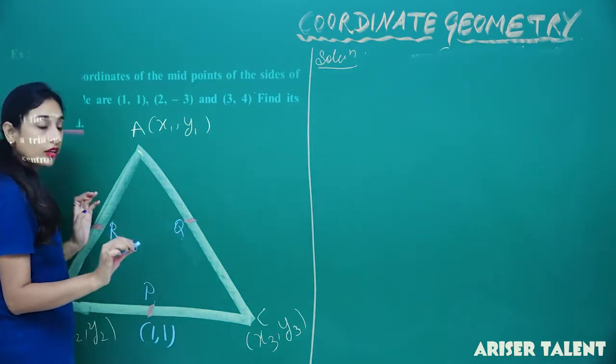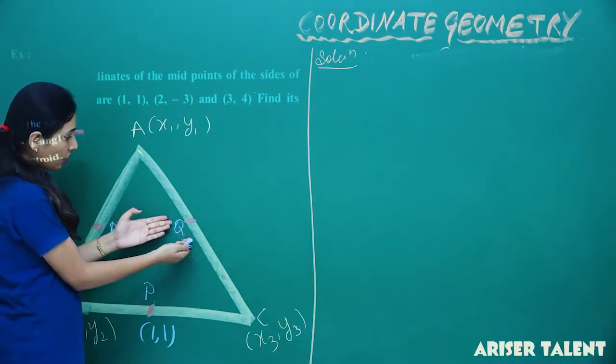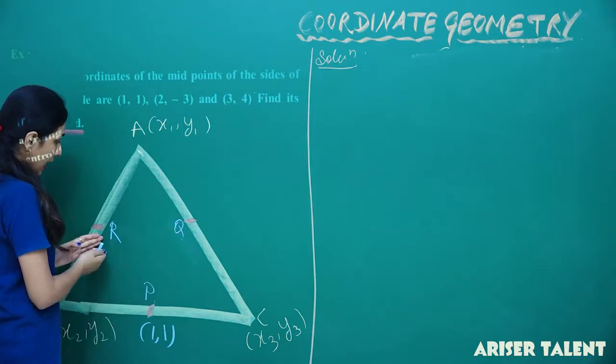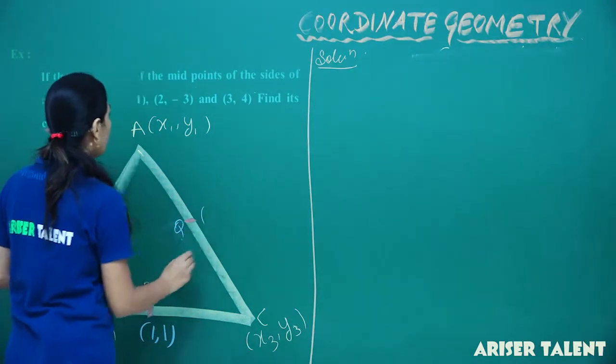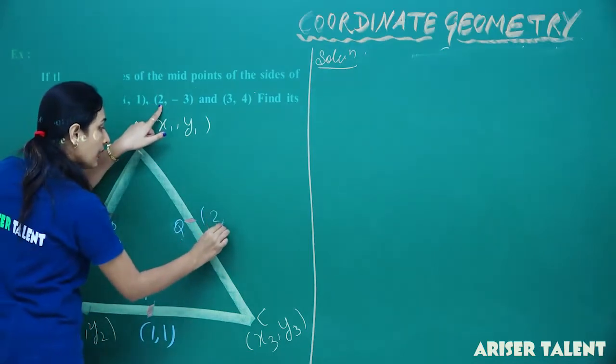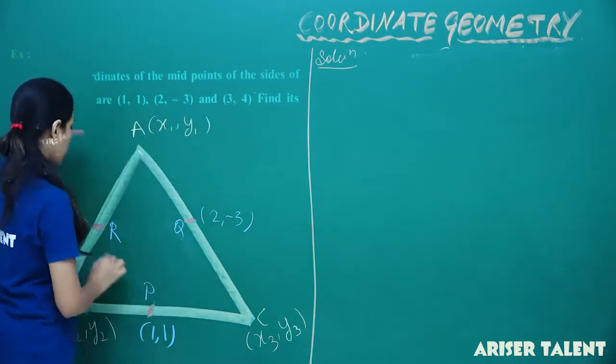You can name it Rahul, Anjali, or Tina also. It's all your wish. So that is (2, -3), and this is (3, 4).